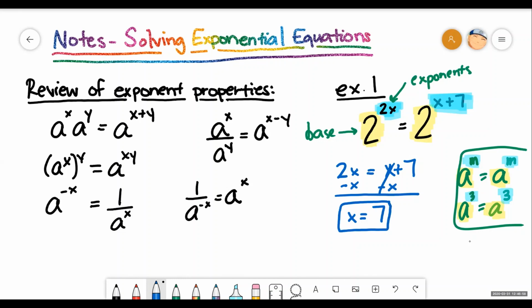But for right now, our focus is to try to puzzle out these examples so that our base values are the same, much like these two 2's are the same. That way we can just focus on the exponents and solve for that variable. Okay? So instead of stressing when you see exponents, just carefully try to break them down as much as we possibly can. Let's try another example where we don't have the same base on both sides.